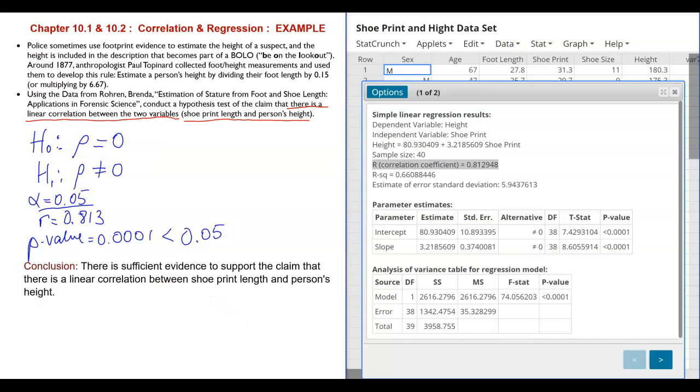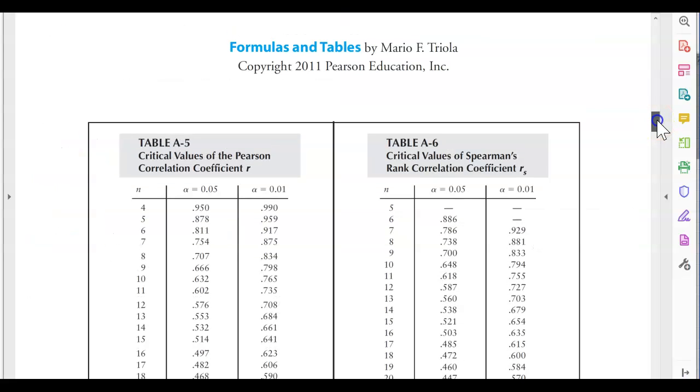Let's now test our claim using the linear correlation coefficient. We found that the linear correlation coefficient R is equal to 0.813. We will need table A5. You can find it in your course files, file called Formulas and Tables on page 3.